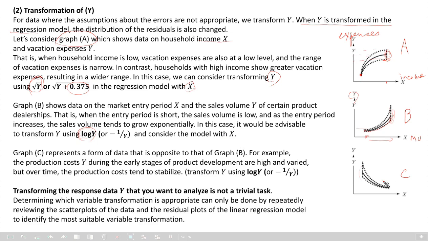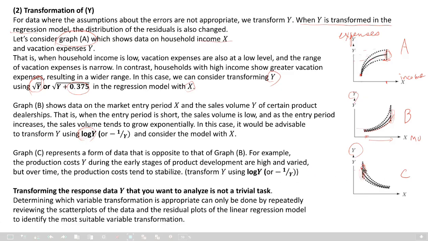Graph C represents a form of data that is opposite to that of graph B, right? Opposite case. For example, the production cost Y during the early stage of product development will be high, and the range is big and varied.